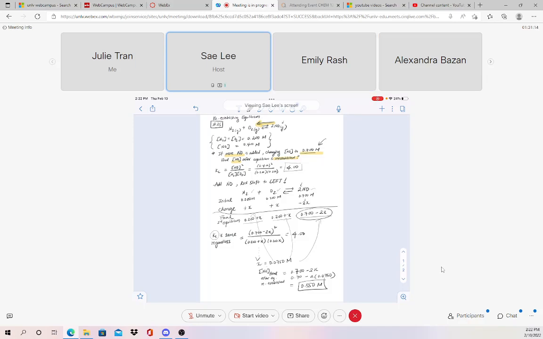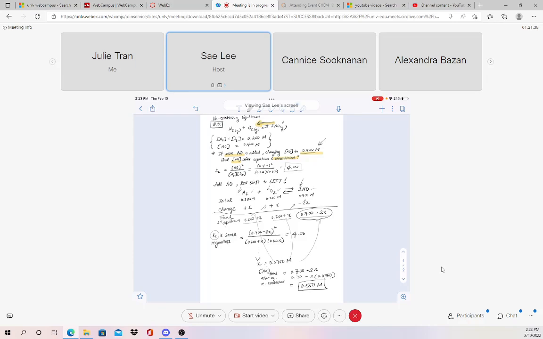Because if a 1 mole change of oxygen is related to a 2 mole change of the nitrogen oxide, the change will always have the same coefficients as the balanced equation.